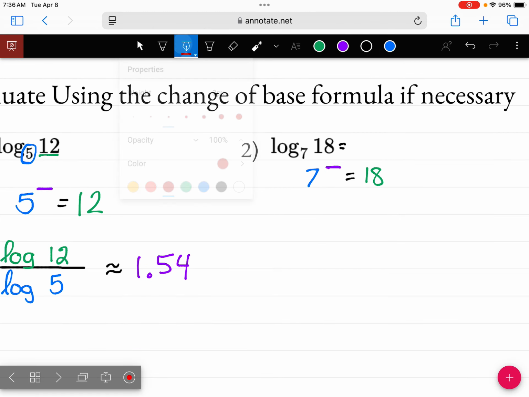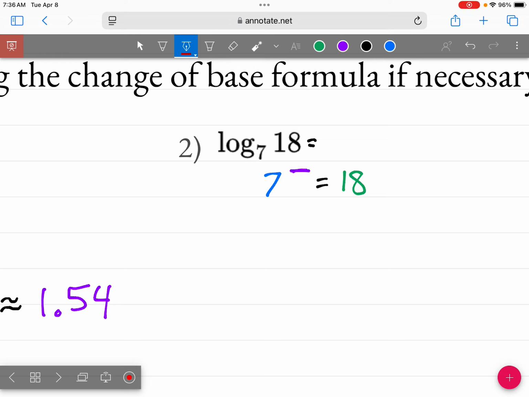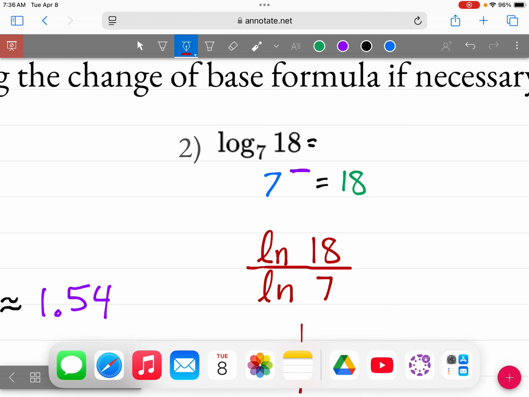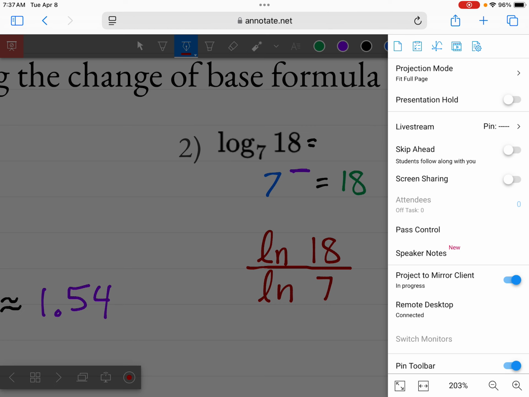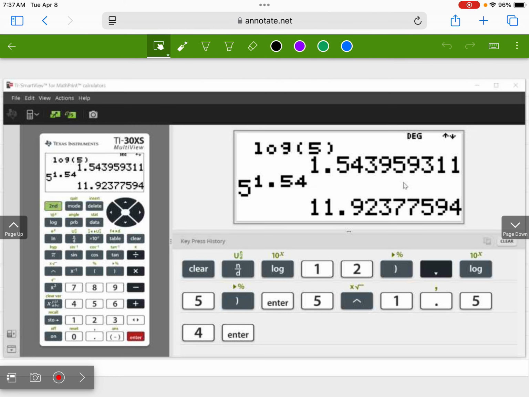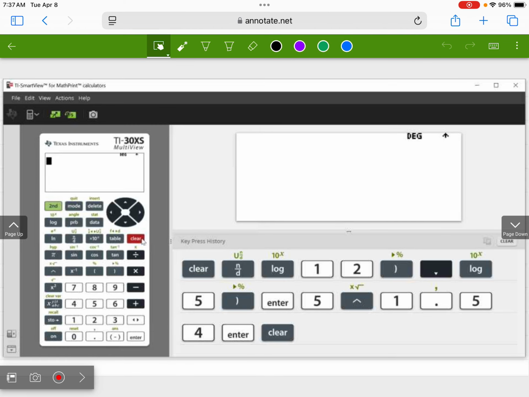Again, I'm going to switch this time and use natural log. It's not any different. We're still going to do the log of our argument, 18, over the log of our base, which is 7. It genuinely does not matter if you use natural log or common log, as long as you use the same top and bottom.